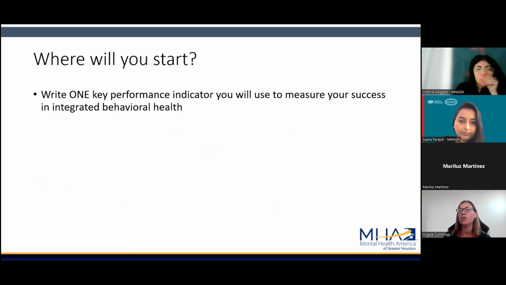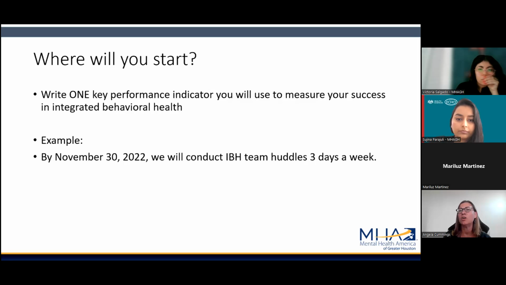Okay, that was a lot of information, and I want to stop here and give you a moment to think about one indicator, one measure that you might be able to use in your clinic. Maybe you already have one that you're using that you want to share with us, which would be wonderful. I'm going to give you a couple of minutes to think about something that might work for you.